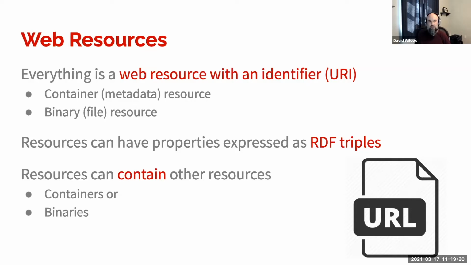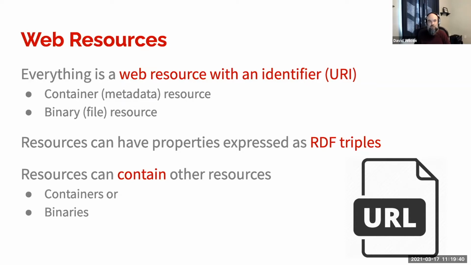And containers really are just metadata resources, so they're descriptive. So if you create a collection, your collection is a container. If you create a top level book or newspaper object, it's a container, and it has metadata that describes that resource in more detail.